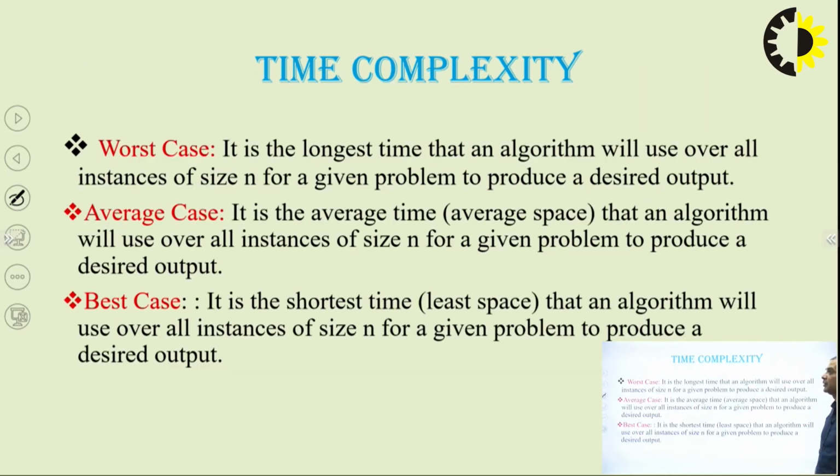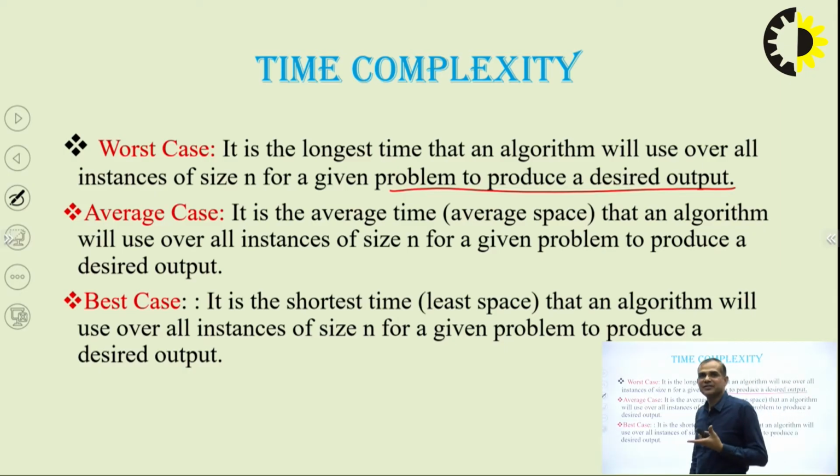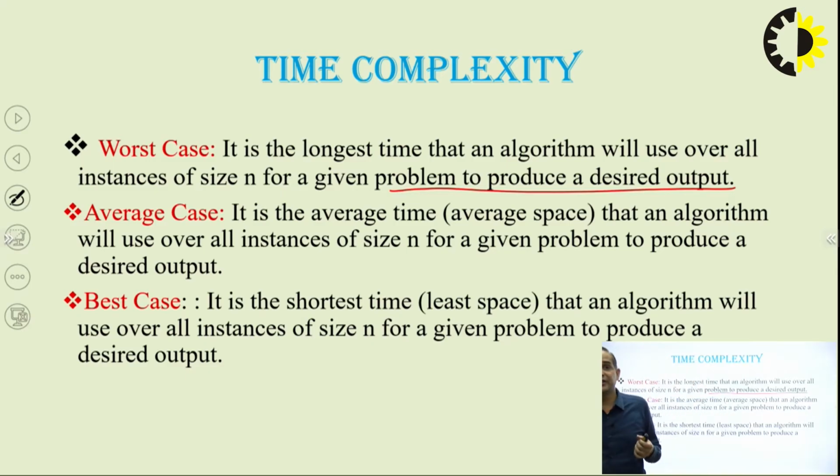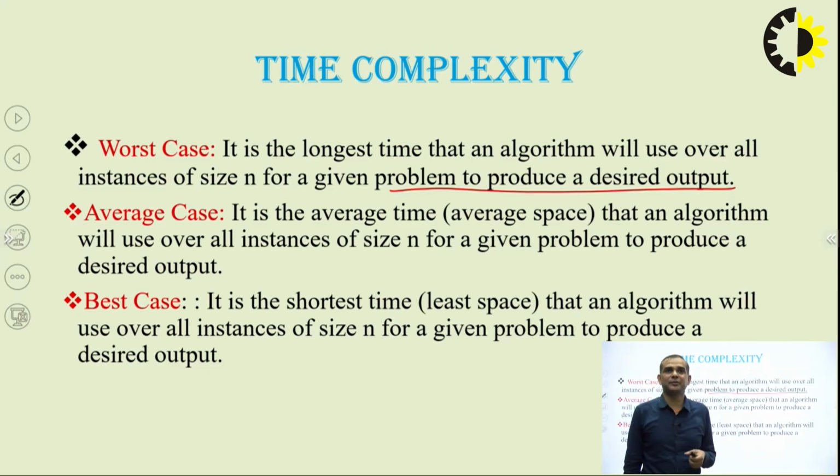The worst case defines the upper bound: how many steps will be required to solve a problem. For example, if we have 10 steps and it executes within 8, 9, or 7 steps, it means it takes the maximum steps. So this is the worst case.